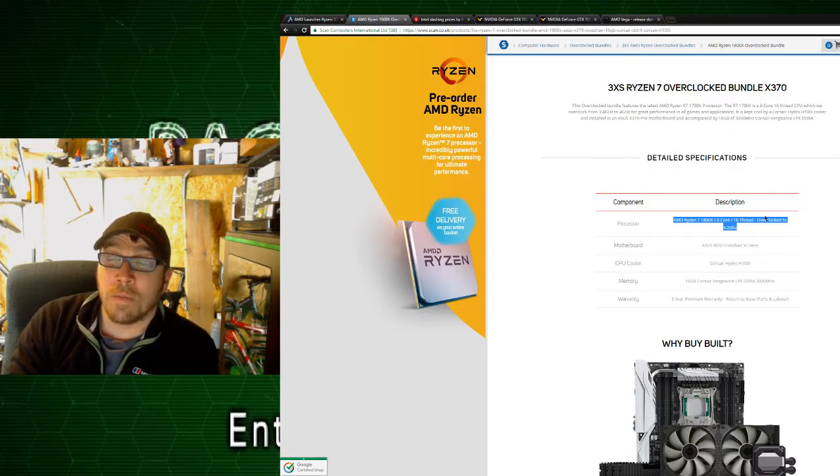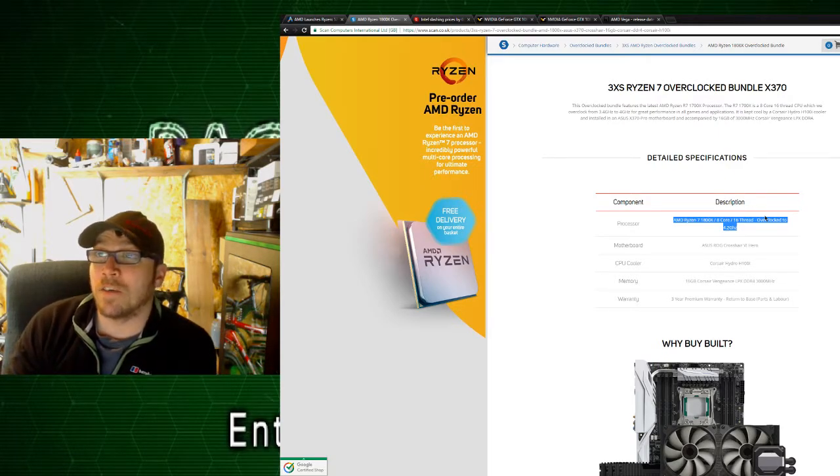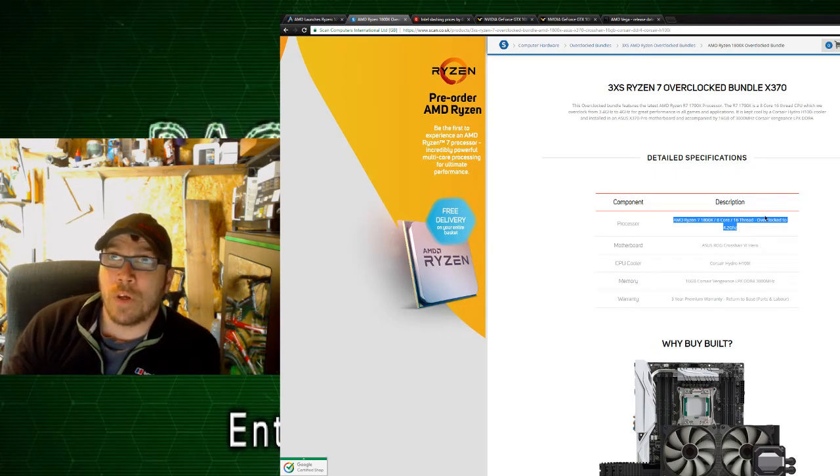So I would say that the 1800X would definitely overclock beyond 4.2 gigahertz, because for them to have that 8 core lineup, and all these chips will essentially be the same and just binned, they must have a very good binning process. So if you're buying an 1800X, I'm pretty sure you're going to get a chip that will go beyond 4.2.